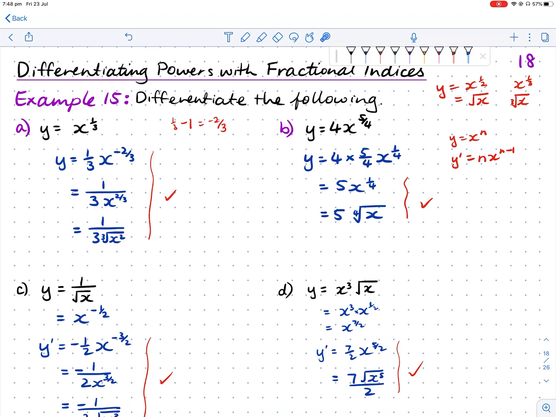So 5/4 minus 1 gives us 1/4. If we simplify the numbers, we get 5x to the power of 1/4. Or if I want to write that in radical form, it's 5 times the 4th root of x. Make sure that 4 is tucked away inside of that radical symbol.